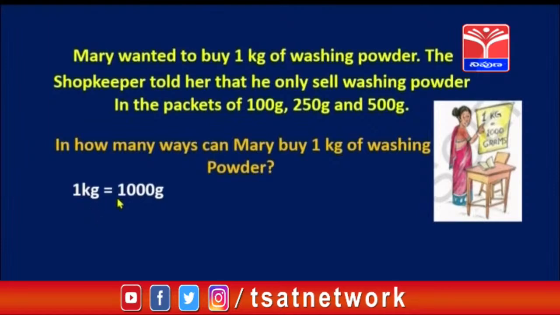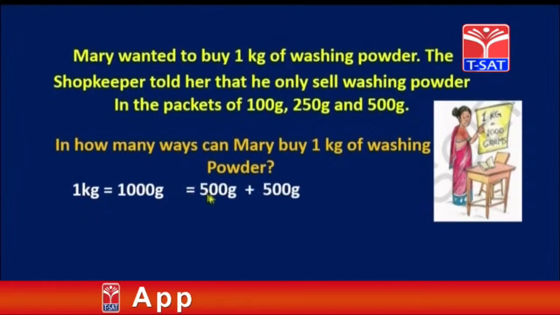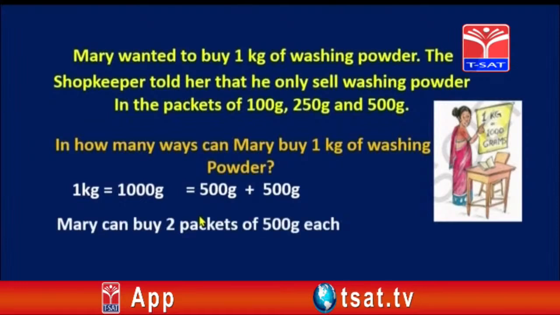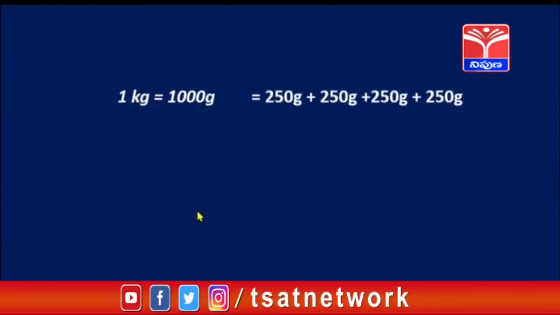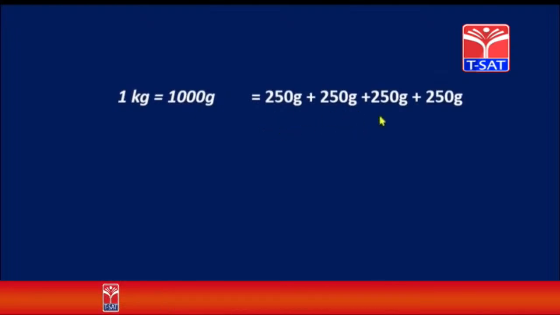Children, 1 kilogram is equal to 1000 grams. That means 500 grams plus 500 grams. She can take 2 packets of 500 grams to make it 1 kilogram. Now let us see the next way. For 1 kilogram, she can take 250 grams plus 250 grams plus 250 grams plus 250 grams.